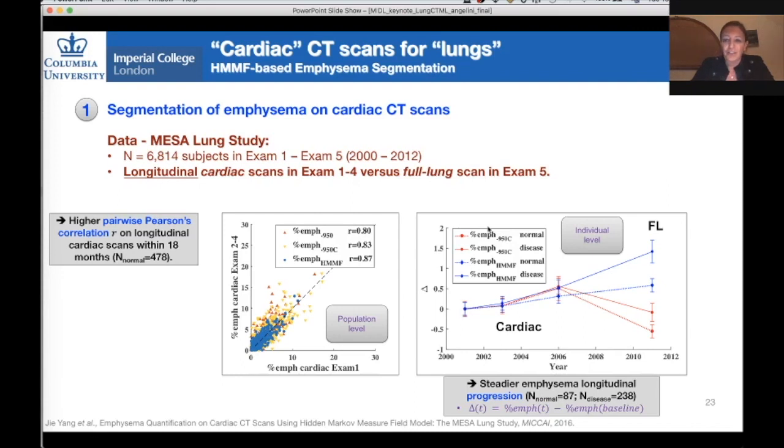While for the thresholding, it's not too bad if you remain in the cardiac scans. When you switch to the full lung scan and compare percent emphysema, you see a major problem here, an unrealistic decrease in percent emphysema.